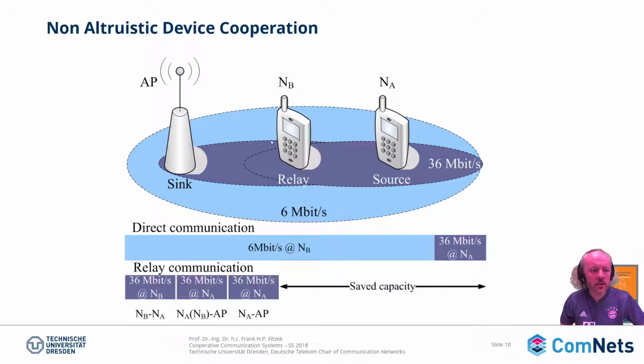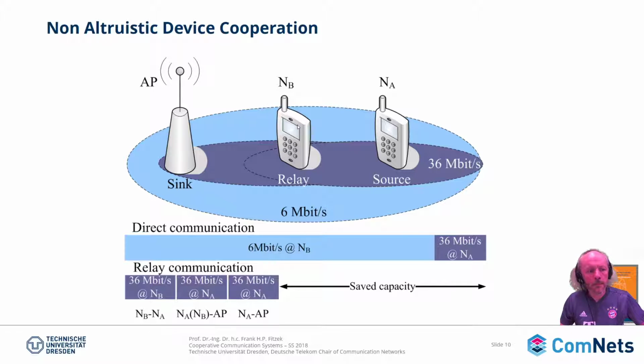If you compare these two things, the first is called direct communication or the non-cooperative case. Node A would send with 6 megabits and then node B with 36. And as in Wi-Fi, the rule is that you will share it in a fair manner by bits and not by time on the medium. You will always get 6 megabit for node B and for node A. Oh, the notation here is not the right one, sorry. And 36 for node B. So this is what we will do.